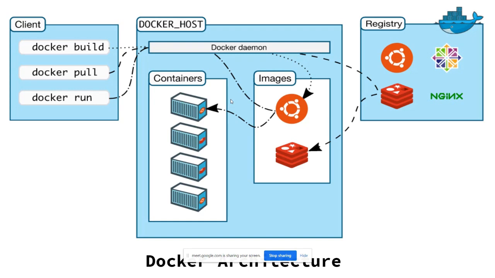So the image is something like a file, and the software which plays that file is your container. So can we say Docker is a multi-host provider? Yeah, correct, multi-host provider.